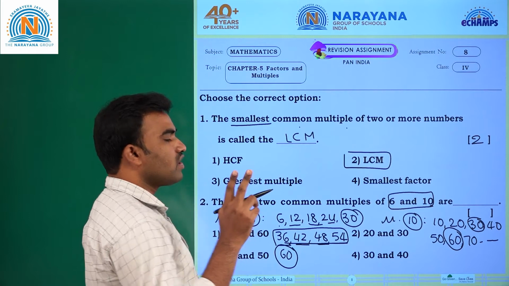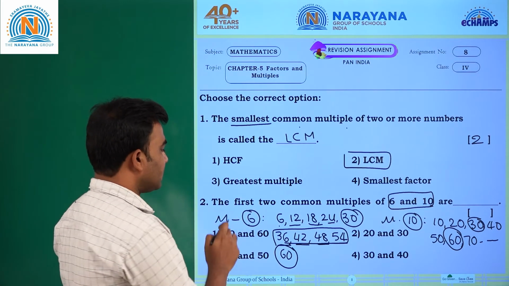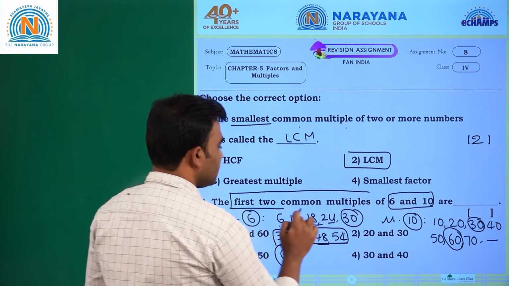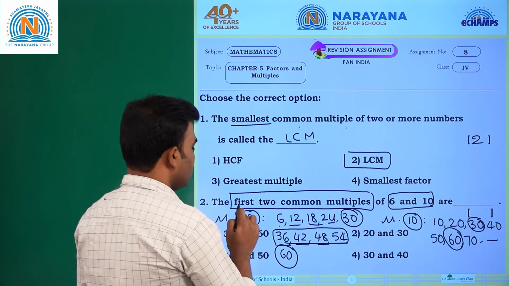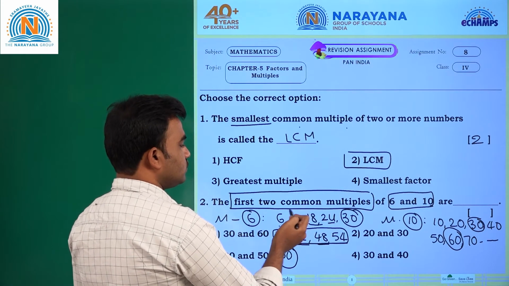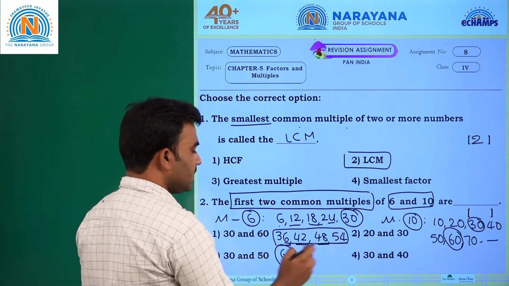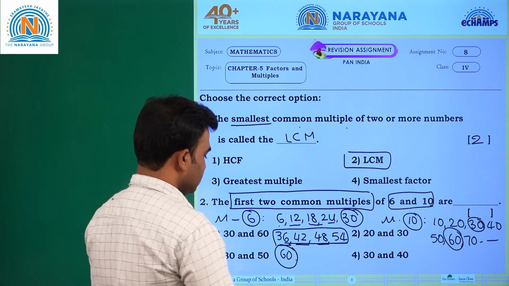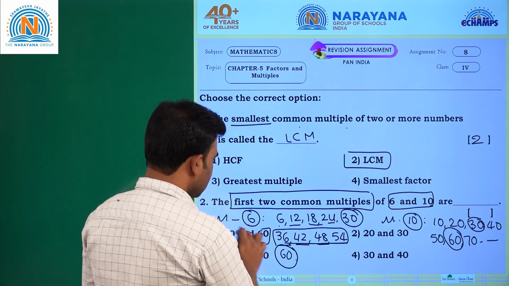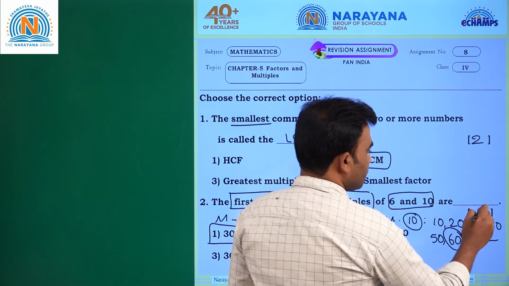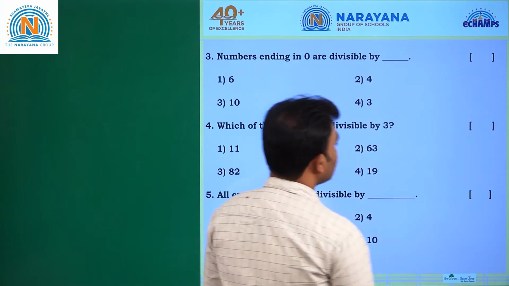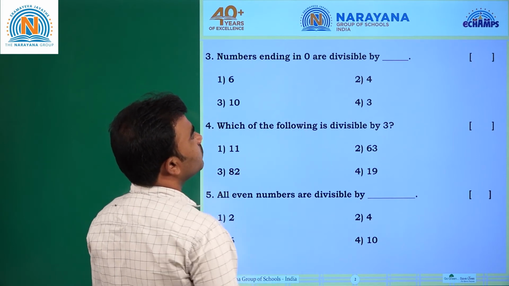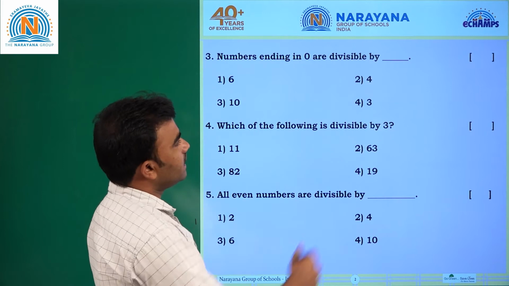Only two common multiples are enough, as they are asking us to find the first two common multiples of 6 and 10. So option 1 is our answer.